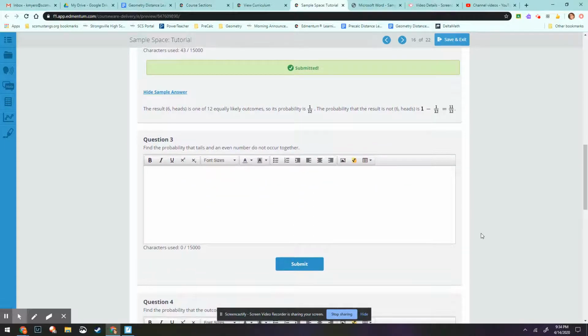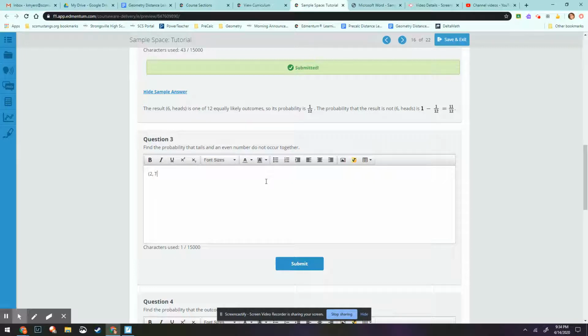Find the probability that tails and an even number do not occur together. Okay. So if you ever get stuck, you could always just list out all the possibilities, but you don't have to. I don't want tails and an even number, so what I'm going to do is find all the ways that I can get tails and an even number.